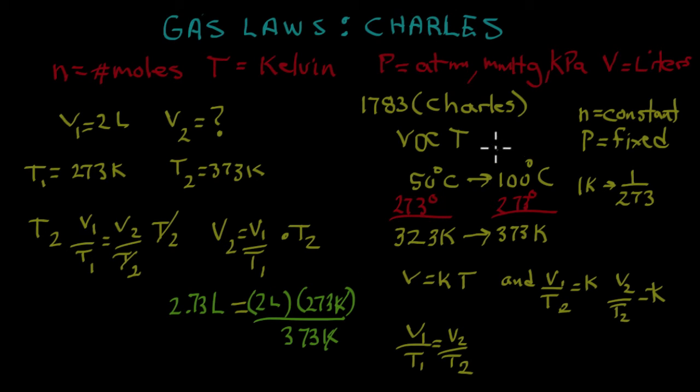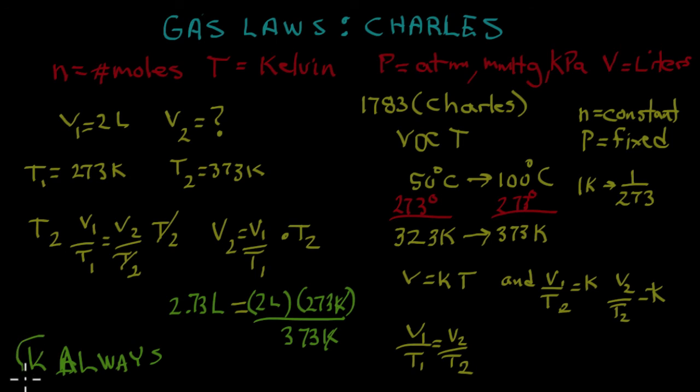Just to review, Charles's law says the volume is directly proportional to Kelvin temperature. That's very important to remember. Kelvin temperature must be used all the time. We'll scribble that in here.